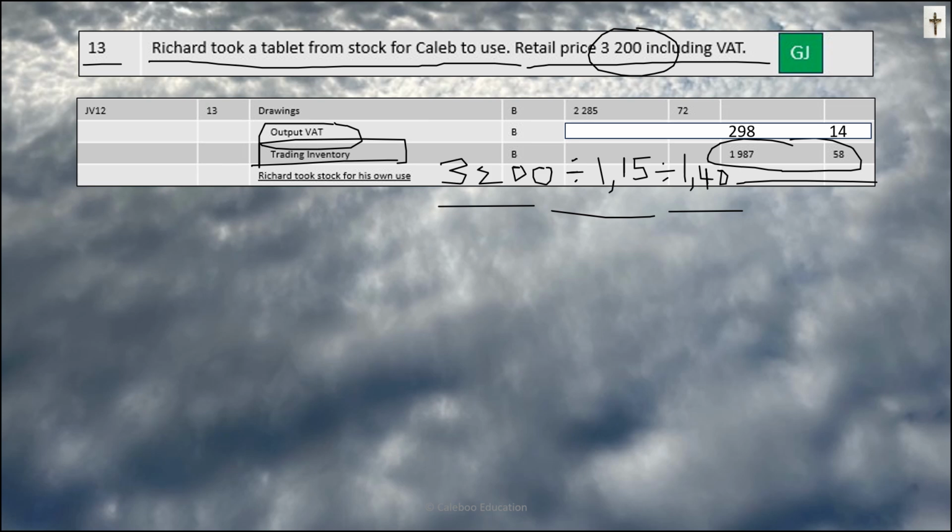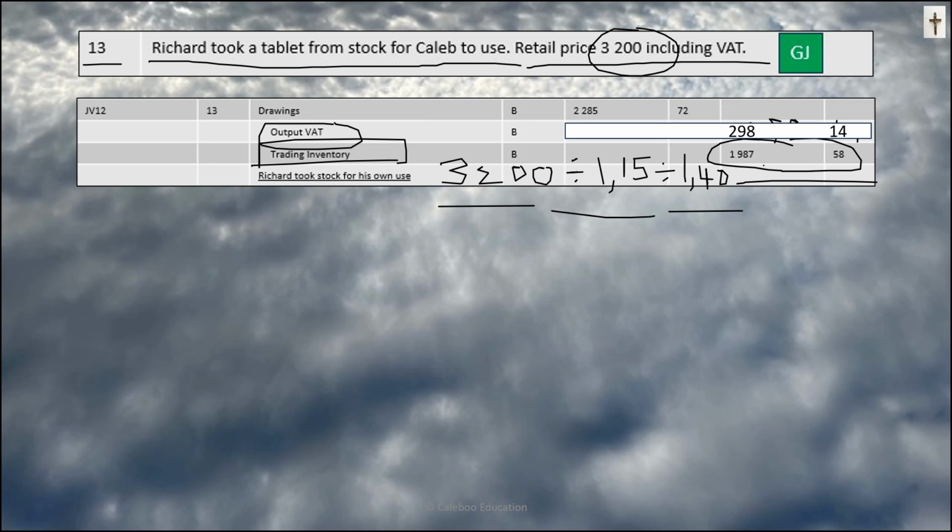So we're going to go, and this is wrong here, we're going to credit output VAT with 298 and 14 cents. Now, how did I get that amount?